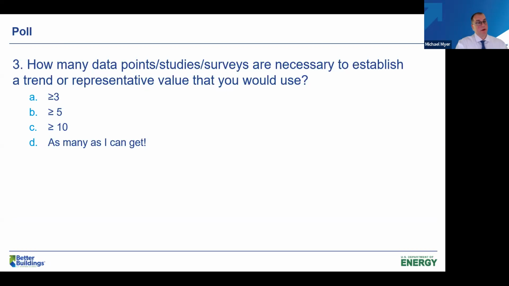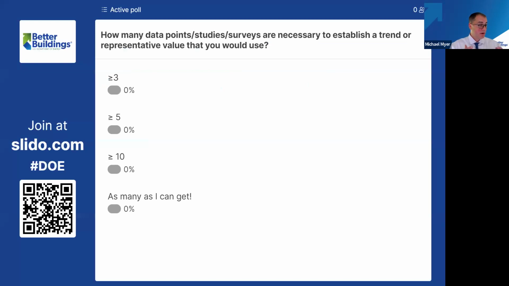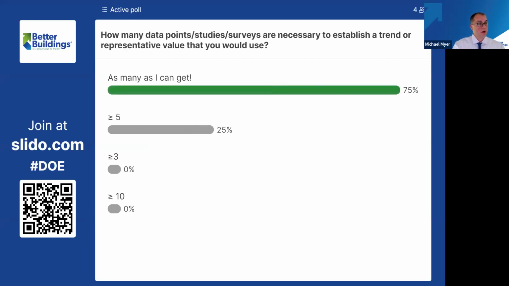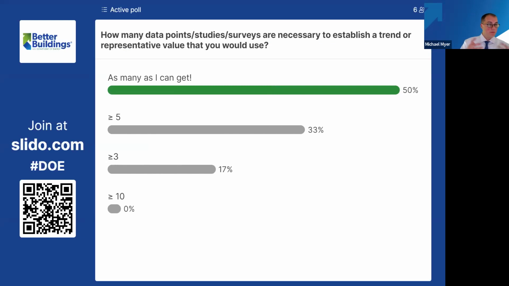Okay. The other thing that I think is important is to gauge your poll, and people are already responding, so thank you. How many data points? So in those 2 previous examples I showed you, roughly 10 studies that would show you what the premium would be, whether you're doing a study on residential or commercial buildings on a high performance certification of that dwelling.